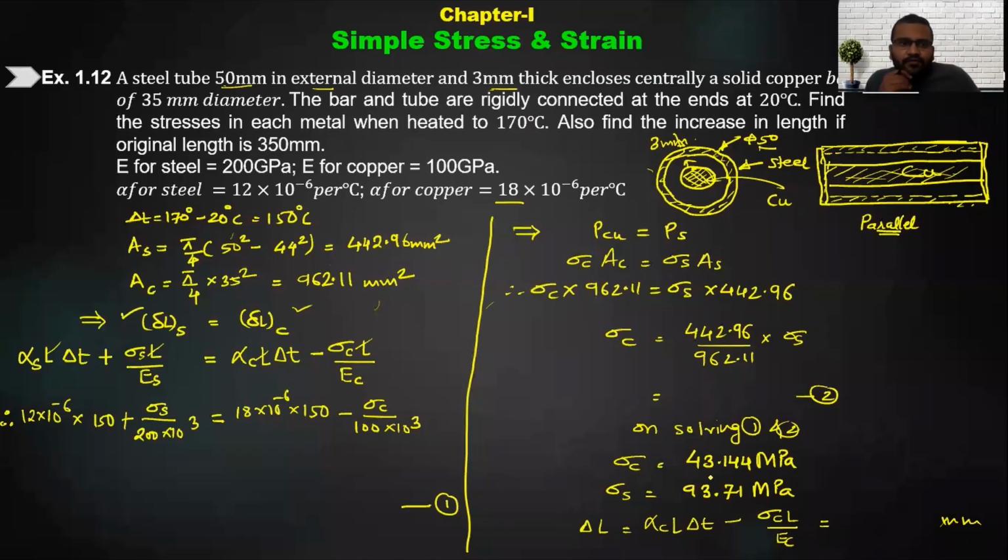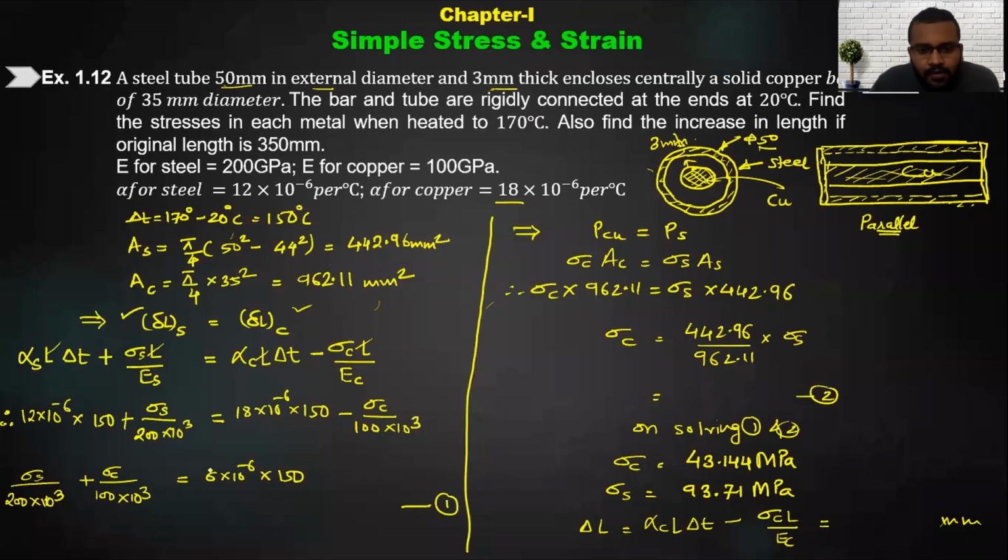In that delta L, we need to substitute the value of L as well. 0.7941.